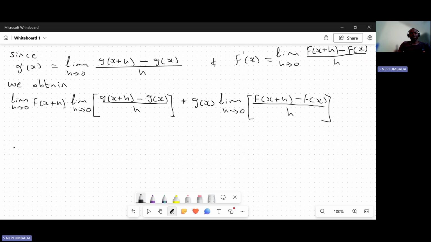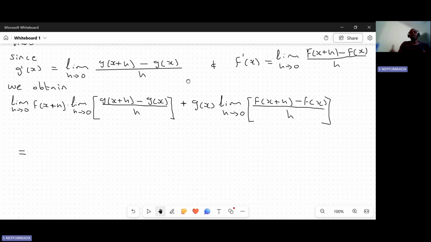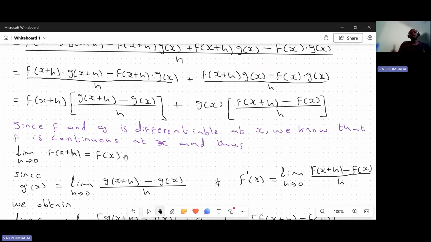So this one becomes what? We know that the limit as h approaches 0 of f at x plus h is nothing but f at x.